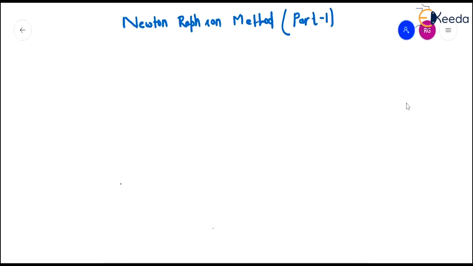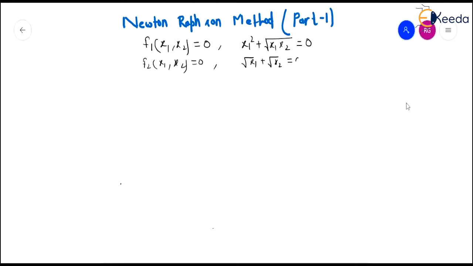So let us assume we have to search out for the solution. It has been given f1 of x1, x2 is equal to 0, means this is the nonlinear equation, x1 square plus root over x1 x2 is equal to 0. This is the first equation, and this is f2 of x1, x2 is equal to 0, and here it will be root of x1 plus root of x2 is equal to 0.